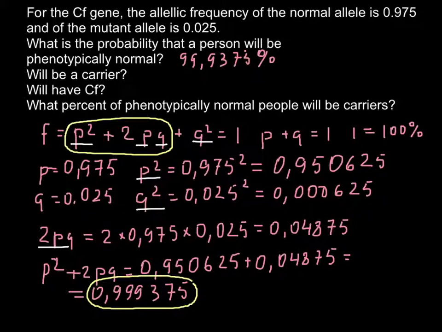The second question is about carriers, and as you see here, this stands for the carrier, and here is the number. Once again, we can give the answer as a percentage. We just have to move this comma 2 decimal places to the right, and the answer would be 4.875%. This is going to be the percent of the carriers.